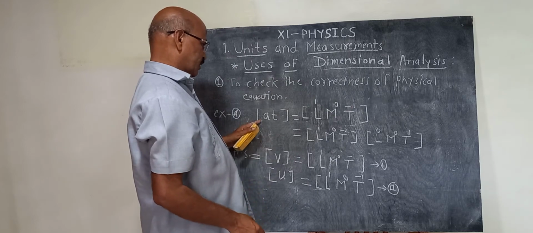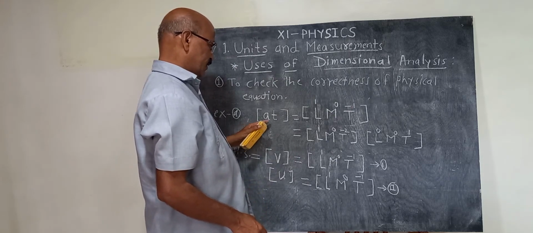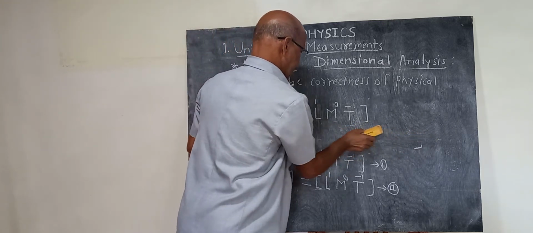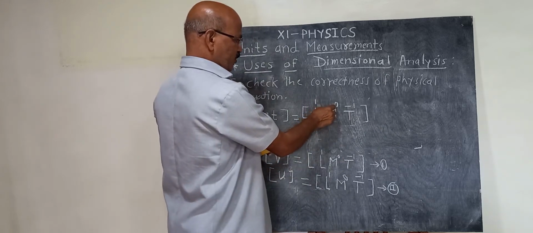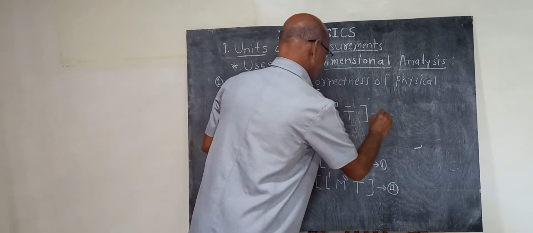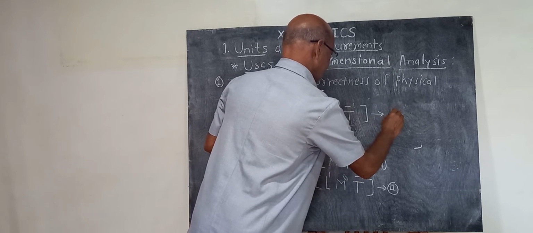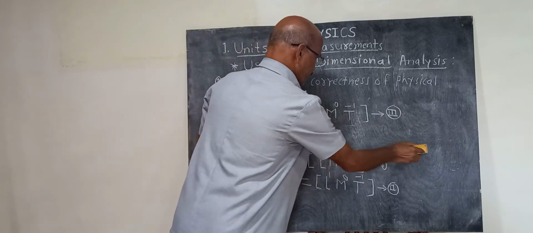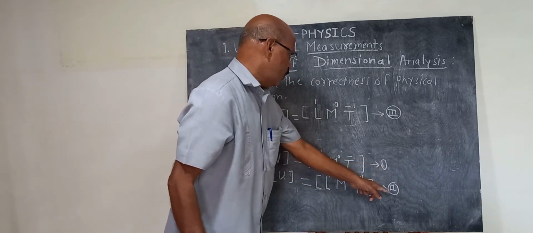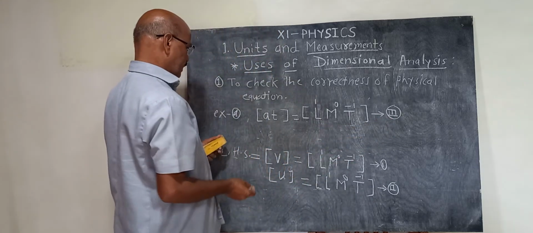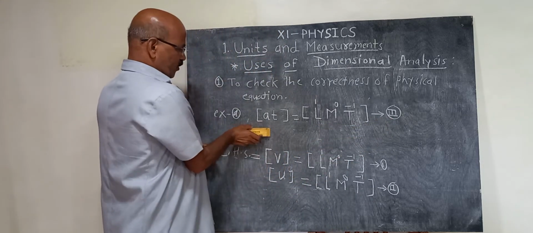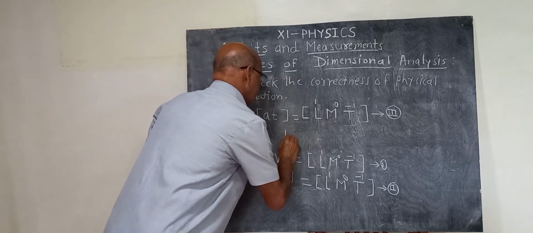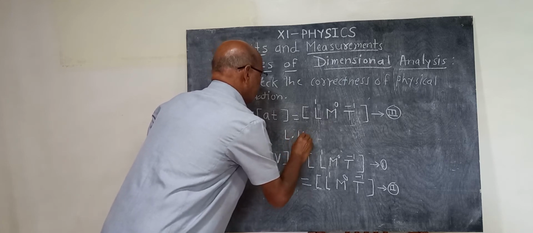Then the dimensions of the third term at the RHS, AT, are 1 in length, 0 in mass, and minus 1 in time. This is equation number 3. From equations 1, 2, and 3, we can write that the dimensions of the left hand side and RHS are the same.